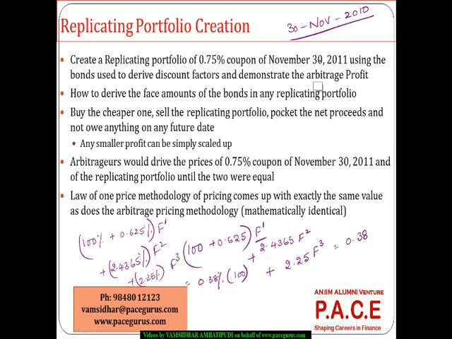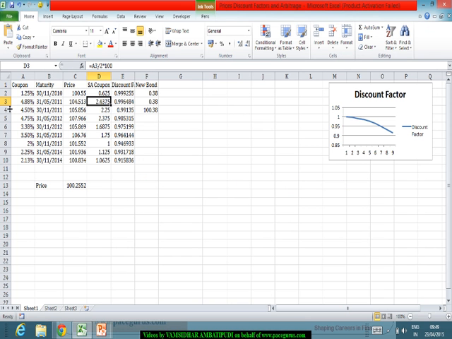Now the same logic I am doing for 31st May 2011. By that time the first bond is already matured, so I don't need to consider it. So only these two are there. This will pay the maturity amount now.